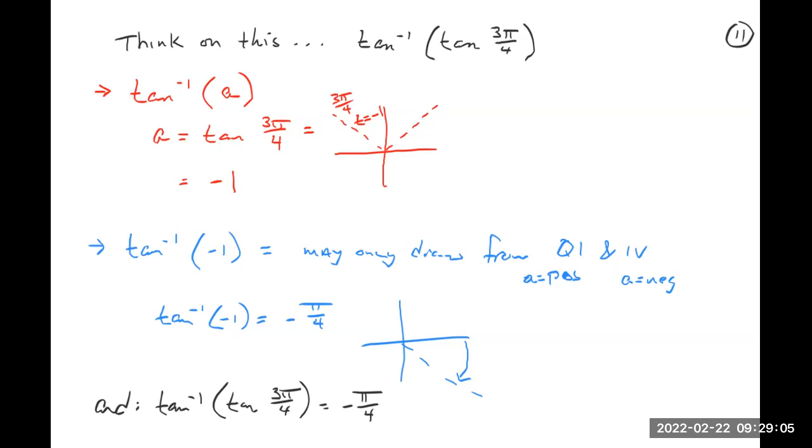All right, how many of you brought your calculators? Let's do this. Tell me about the arctangent of -8.45. I'll put approximate here. Let's do this in degrees.